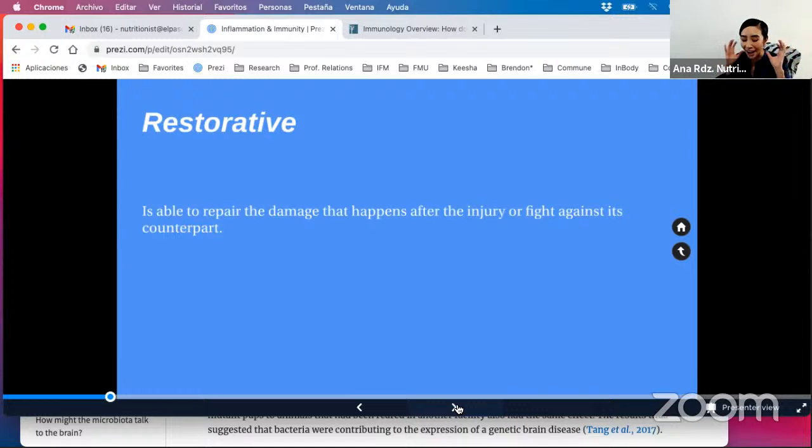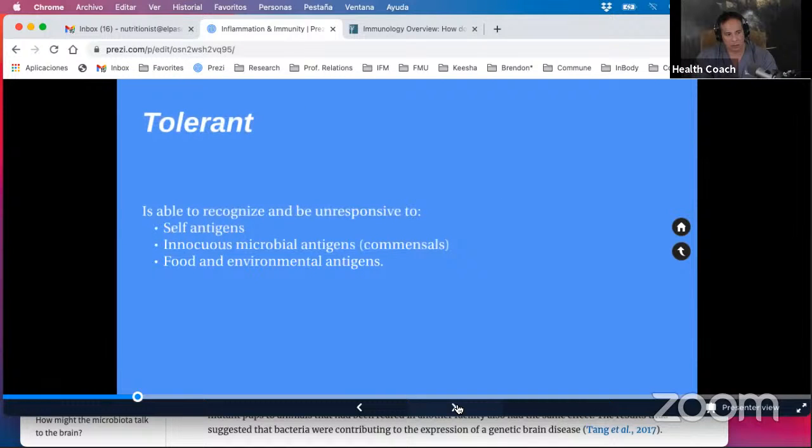So as I said before, the immune system has to make sure that it cleans up its own mess. So it's like a very cool guy, and a very clean guy. Now that we're talking about what immunity has to do, it has to be very diligent.